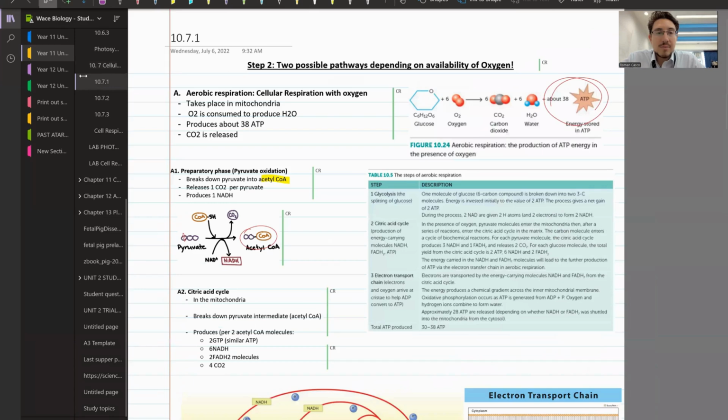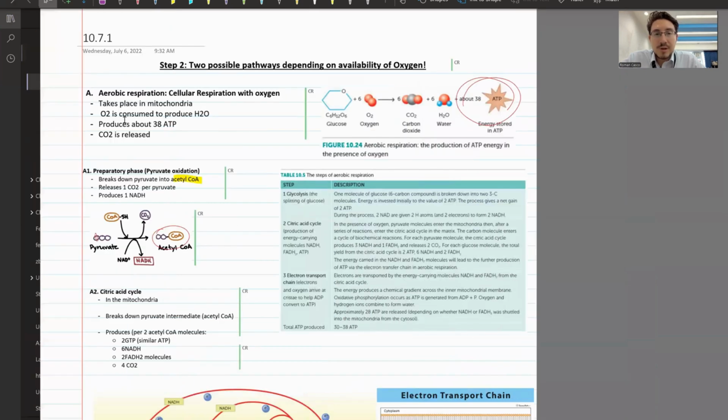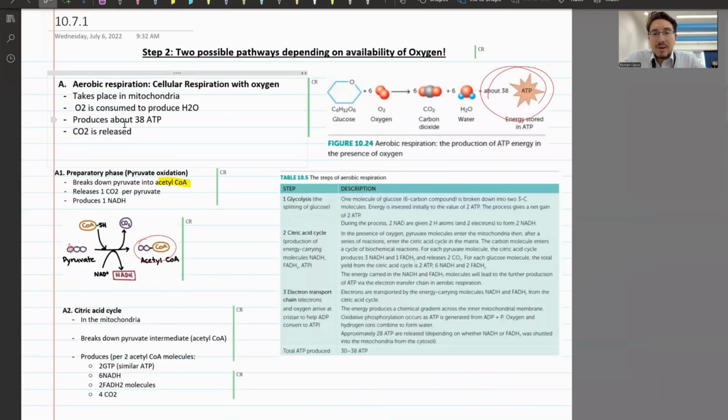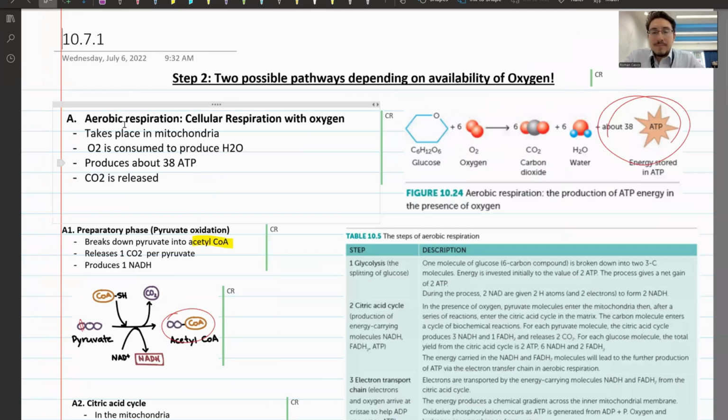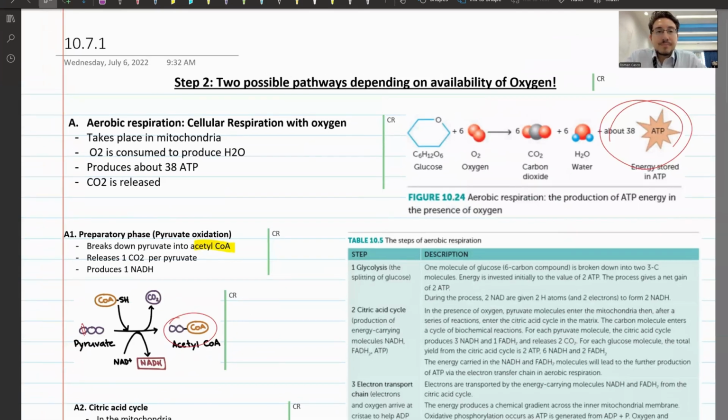Let's take a look now more in detail at aerobic respiration. If we focus on the pathway after glycolysis, there are two routes that you can take. The first one is the aerobic respiration route, and that's whenever you have oxygen.